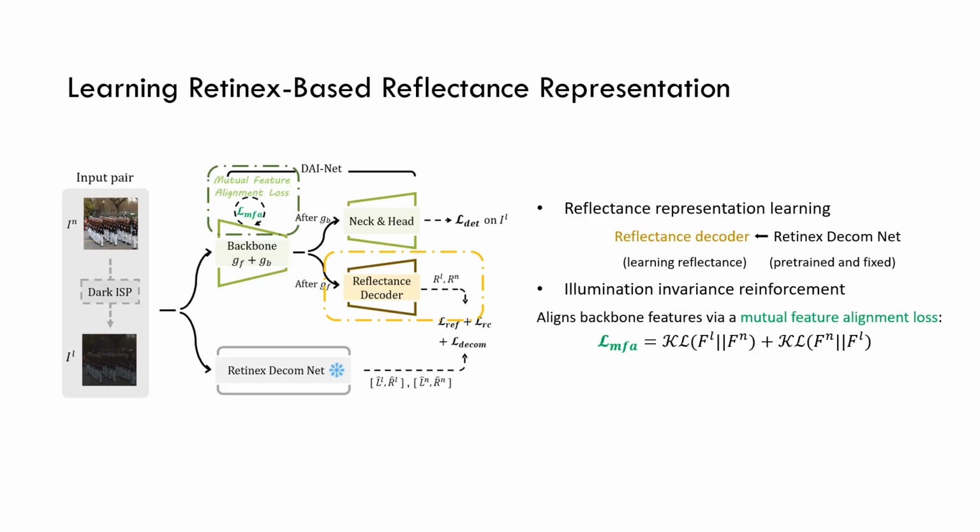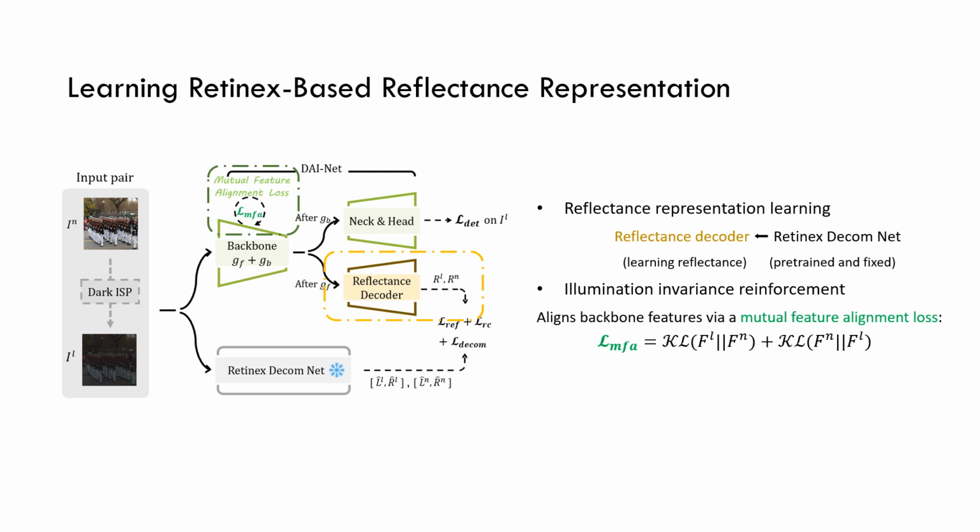Our first contribution in DAI-Net is to learn Retinex-based reflectance representation. First, to incorporate reflectance representation knowledge, we introduce a reflectance decoder after the detector backbone, and we use the pseudo ground truth from the Retinex decomposition net to supervise it so that it could learn how to predict the reflectance maps.